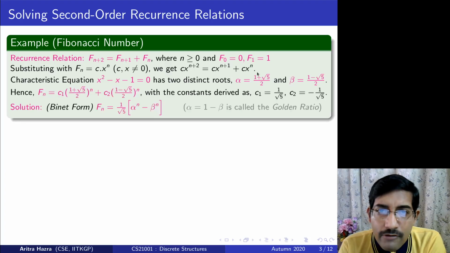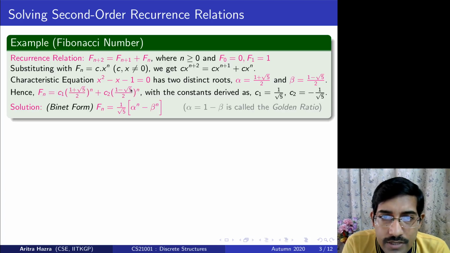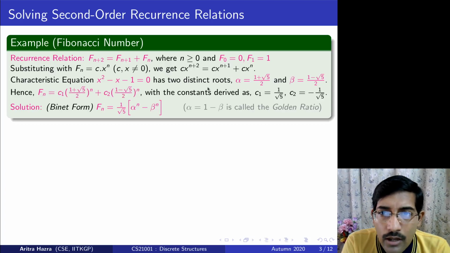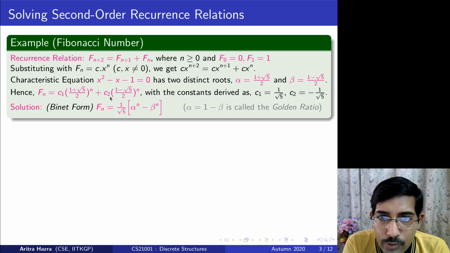Then our final form that we have discussed will be two linearly independent roots of the form c into x to the power n. So c1 into root 1 to the power n plus c2 into root 2 to the power n. This gives me the final answer. And if you derive the constants by putting f0, that is n equal to 0, as 0 equal to this one, then c1 will be equal to minus c2.